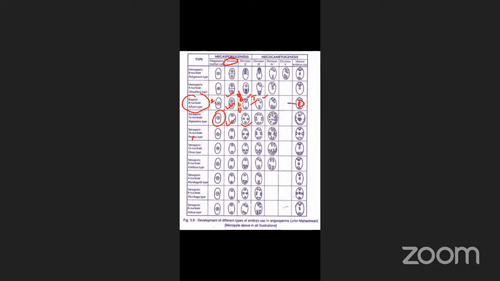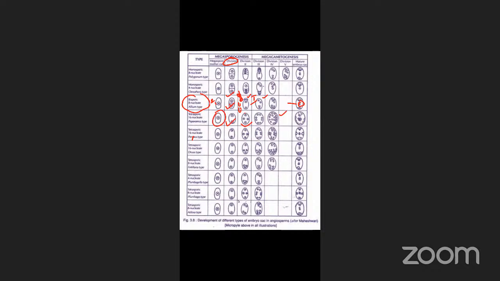These four further divide mitotically, total eight nuclei formed, and again another mitotic division, eight into sixteen nuclei formed. After formation of sixteen nuclei, from either side, that means the four sides, micropylar, chalazal and lateral, two nuclei migrate towards the center. As the two nuclei migrate towards the center, at each corner only two nuclei remain.